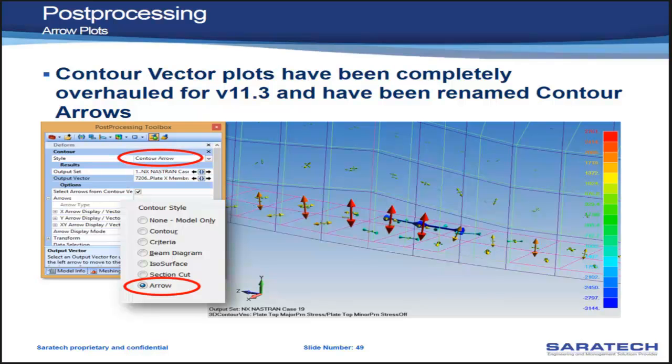In addition, the contour vector command has been completely overhauled in 11.3, and contour arrows is what has taken its place. It really works the same way as the contour vectors and is used for the same purpose.